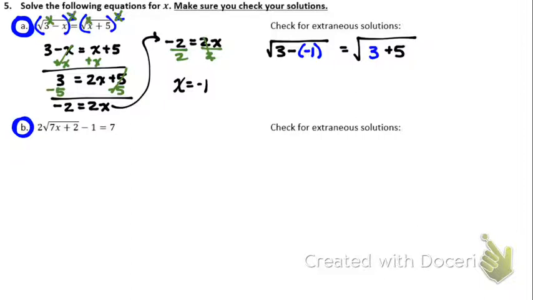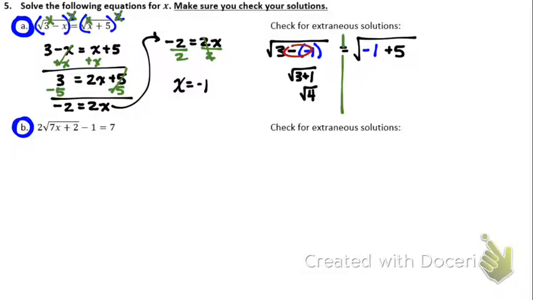Sorry guys, I don't know where I got that 3 from. You didn't miss anything. That is correct. What is it when I subtract a negative right here? We get a positive, so I have the square root of 3 plus 1.